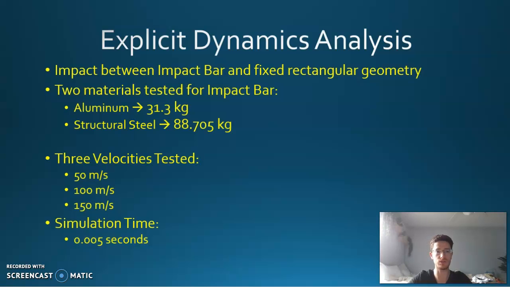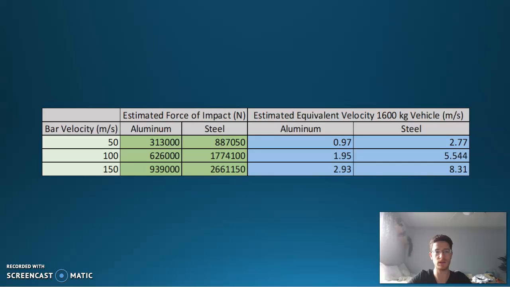The main reason I chose these three velocities was this: I made an estimated force of impact using the mass of those bars for the two different materials, and then I estimated the equivalent velocity for a 1,600 kilogram vehicle, which is somewhat of a standard weight for modern vehicles.